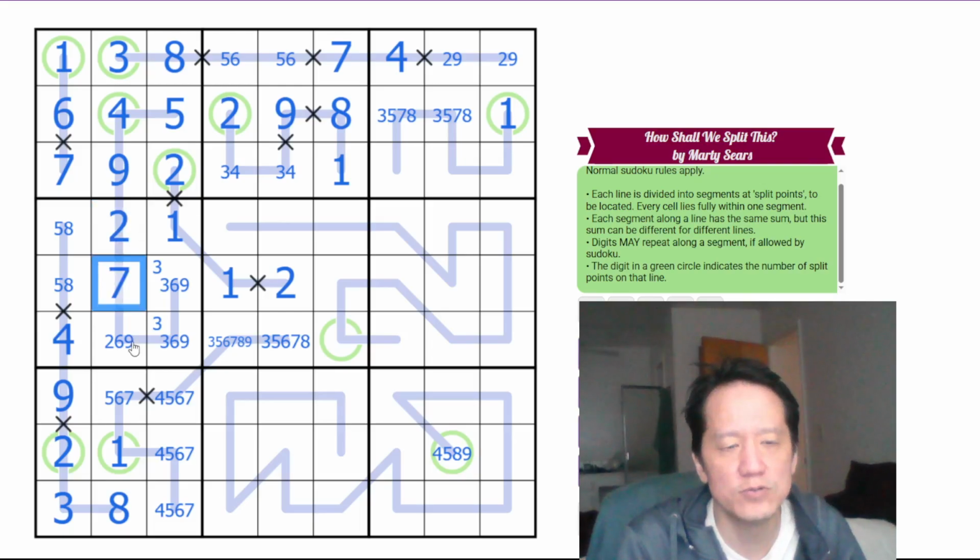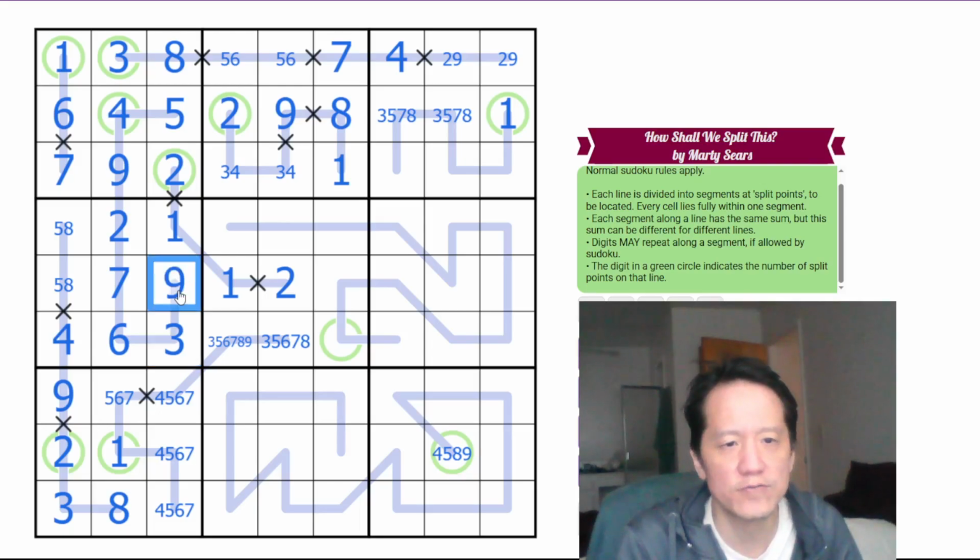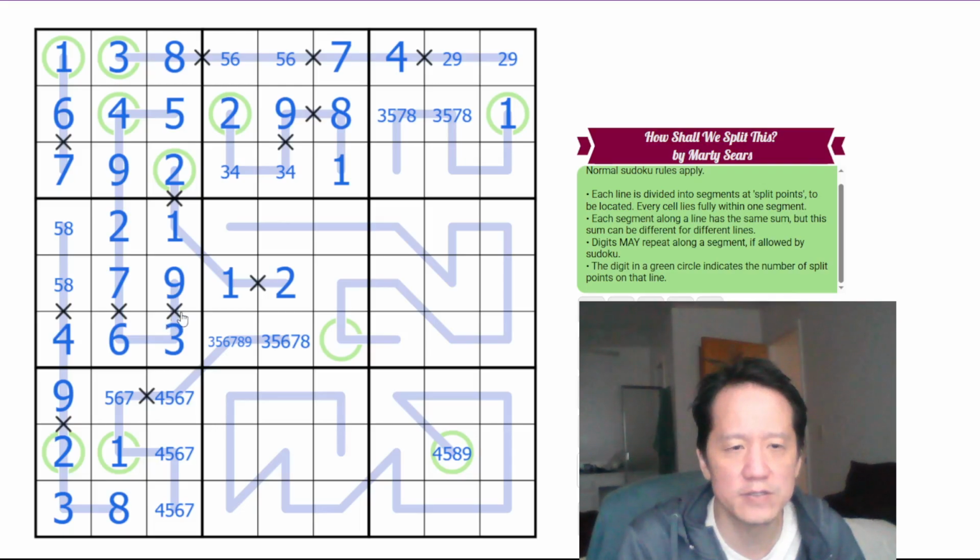That makes this 2 and 7, which makes this 6 and 3, so therefore this must be a 9 to add up to 9. So this is a segment, this is a split point, this is a split point, and this is a split point. So it's 1, 2, 3, 4 split points there. This can't be 6 or 7, so this must be 5. This cannot be a 3.